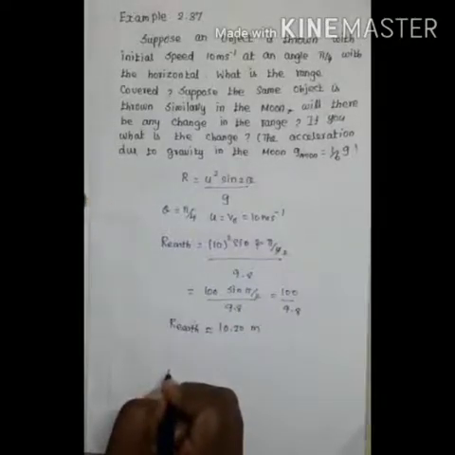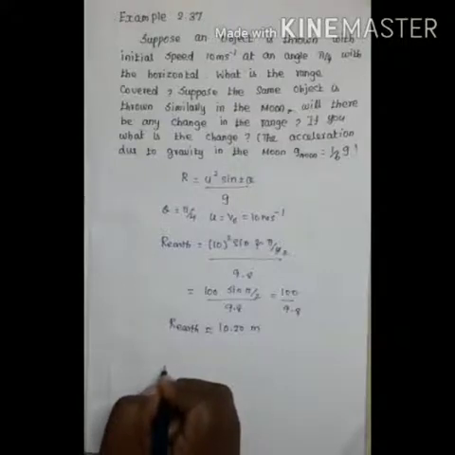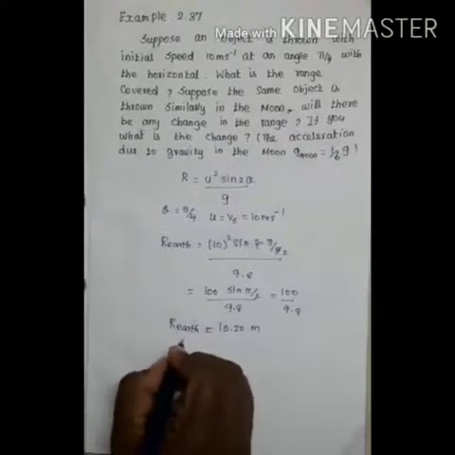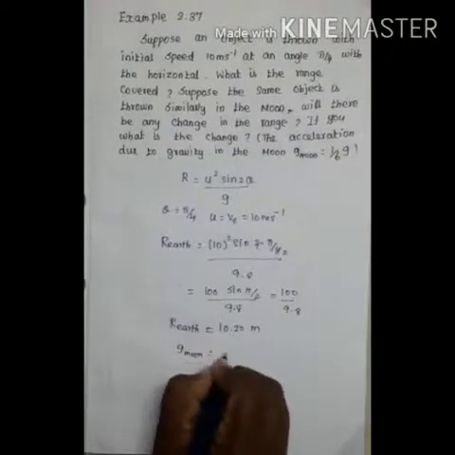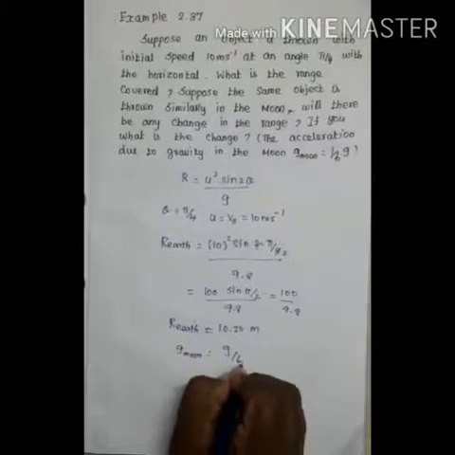If the same object is thrown on the moon, the range will increase because on the moon, the acceleration due to gravity is smaller than g on the earth. Therefore, g moon is equal to g by 6.